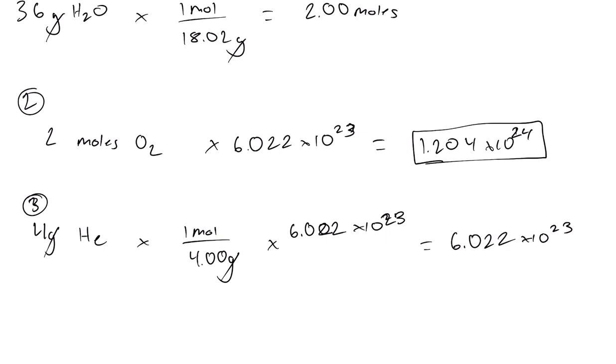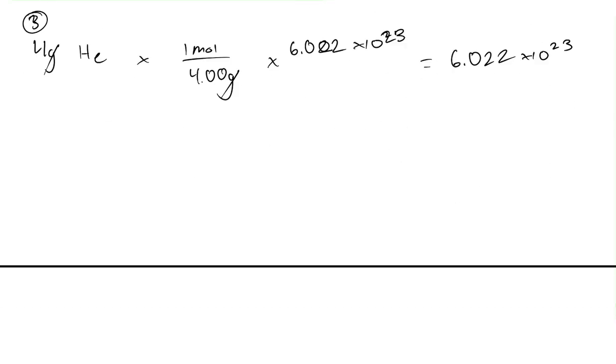Now let's try one last example together, and then I'll give you a few problems to try on your own. So let's say, how many grams is 1.204 times 10 to the 24 atoms of carbon?